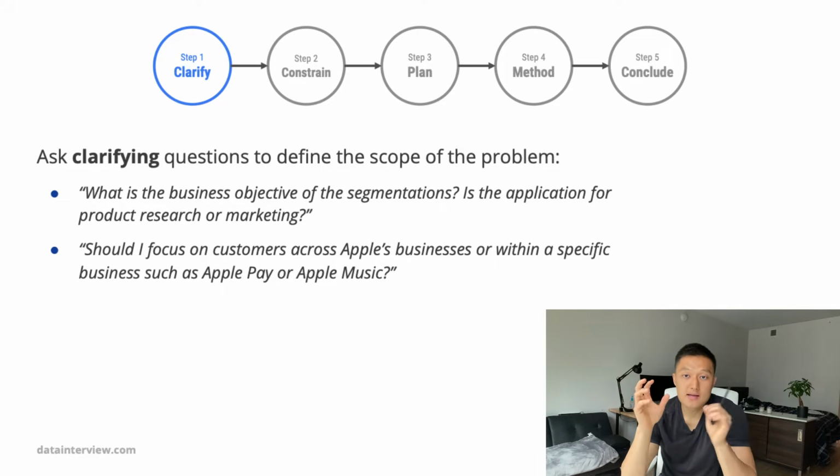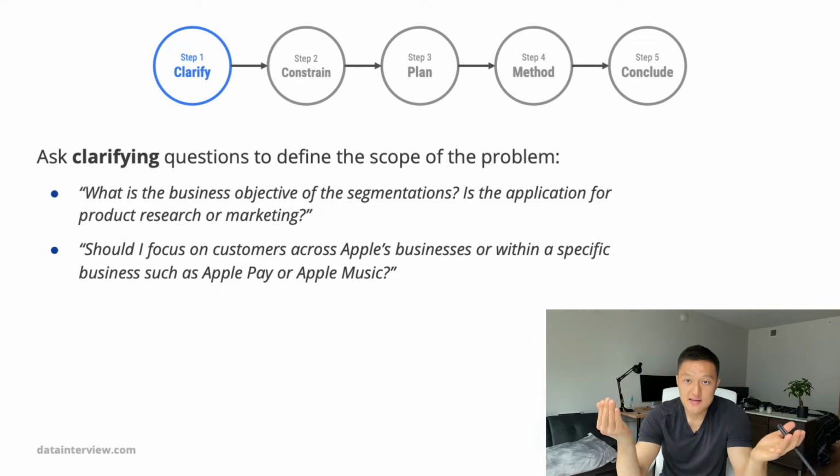What are the main key characteristics about these questions? Well, if we go back to the original question that was asked, the question is finding meaningful segmentations of Apple's customers. First of all, what does it mean to be meaningful? Depending on the business that you're consulting, meaningfulness can be different things. And when we're saying segmenting, which subpopulation of Apple's customers are we talking about?